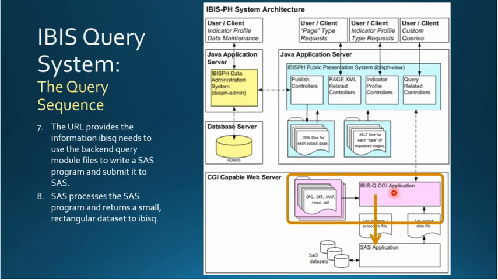So the IBIS-Q application knows from the URL which of these back-end files it needs, and it combines them with the selections on the URL to write a SAS program and submits that SAS program to the SAS application. SAS then runs the program against the SAS data sets and sends a rectangular data file back to IBIS-Q.